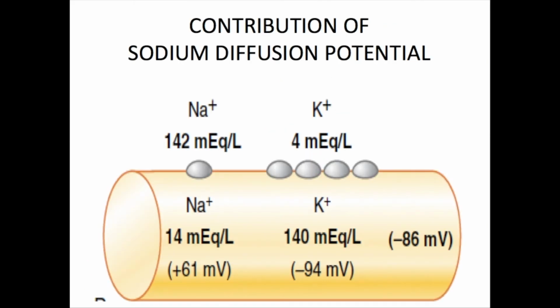Do you wonder what could be the contribution of sodium's diffusion potential? Now, this figure shows the permeability of the nerve membrane to sodium ions caused by the minute diffusion of sodium ions through the potassium sodium leak channels.